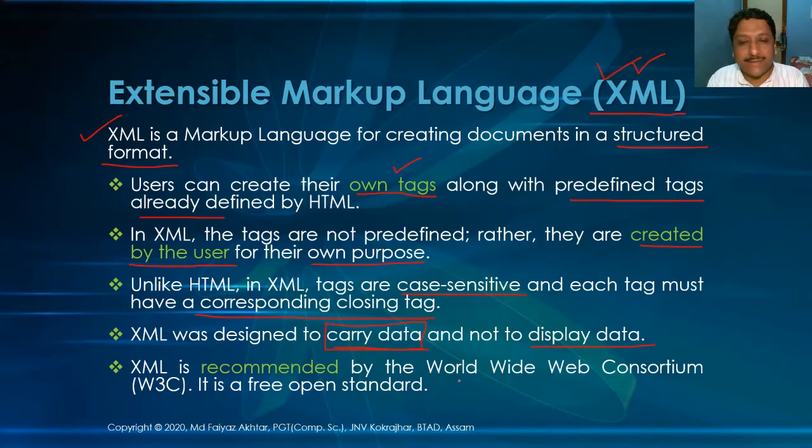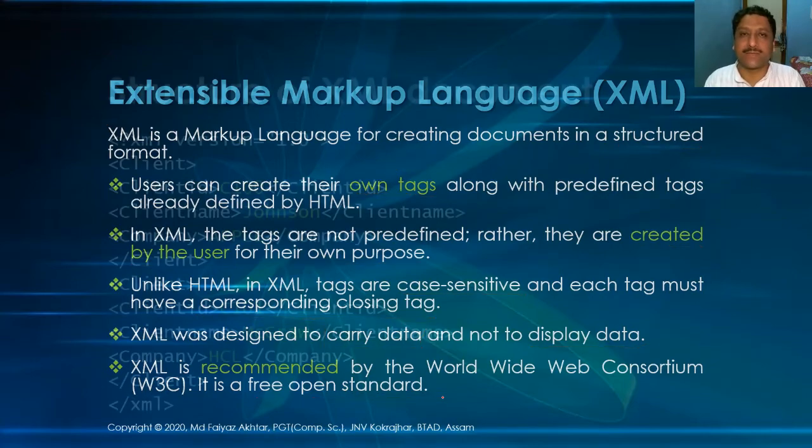XML is recommended by the World Wide Web Consortium, also known as W3C, and it is a free and open standard. XML can be used freely. There is no charge, no fee which you have to pay. It is free of cost.